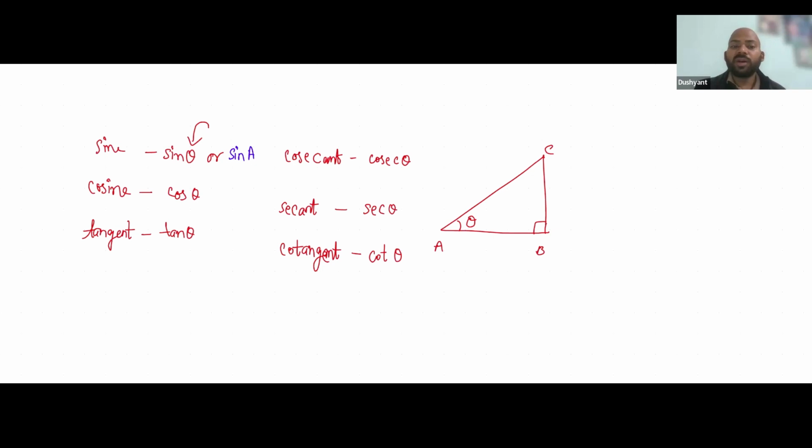So we can use sine A, or cosine of A, that is cos of A. Or we can use tan of A. And here it can be cosec A. Similarly, we can use sec of A, and this is nothing but cot of A. Clear? Right.